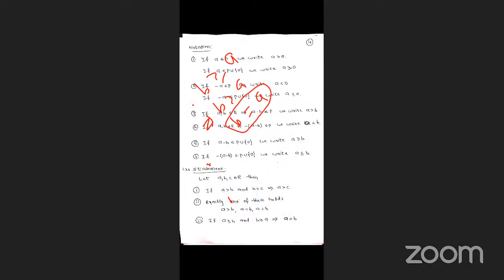Let A, B, C belong to R. Then the first property: if A is greater than B and B is greater than C, it implies A is greater than C. The second one: exactly one of these holds: A is greater than B, A is equal to B, A is less than B. The third one: if A is greater than or equal to B and B is greater than or equal to A, it implies A is equal to B. This is the statement. Next, I am sharing the next page.